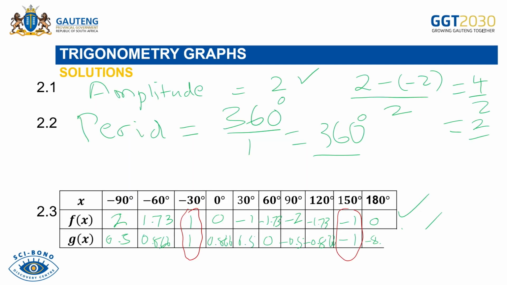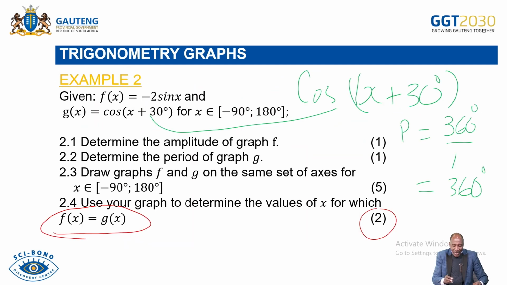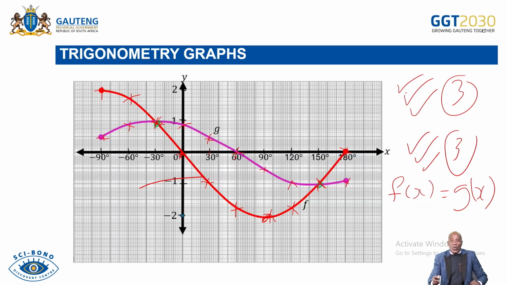Yes. Please don't be carried away and start equating those two functions to solve for x. The question said, use your graph to determine the values of x for which f of x is equal to g of x. The graphs already indicate where they meet.